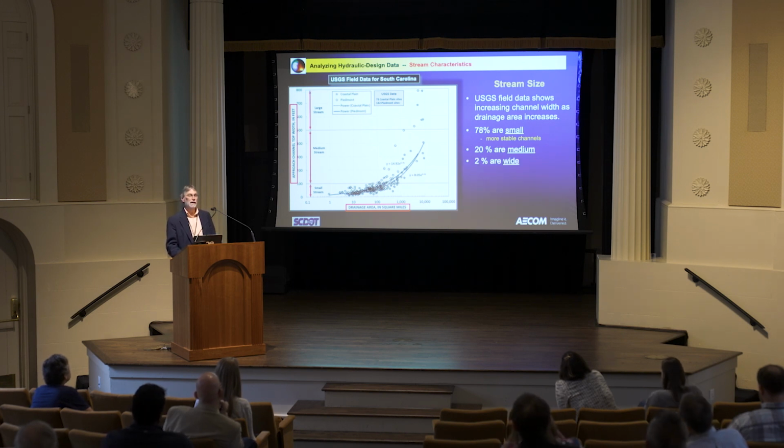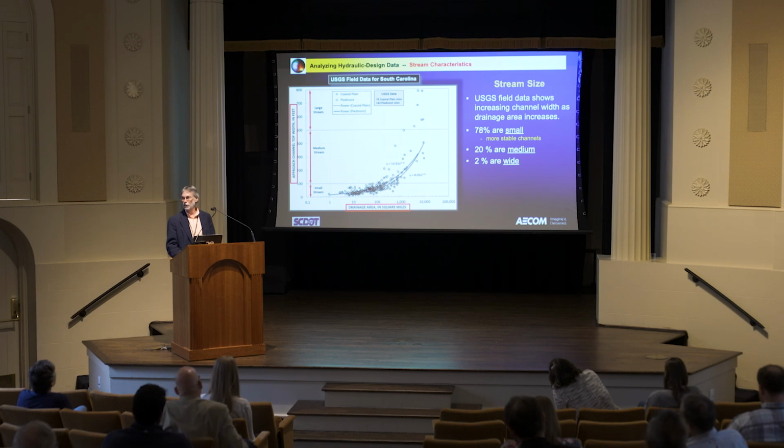And I suspect this is really reflecting the general trend of what you're going to see. A lot more smaller streams is where most of our work as hydraulic engineers is going to be, and then much less in the larger streams, simply because they're not as populous. They're not as many in a given region. The small streams are by far the dominant type of stream you're going to do work with.